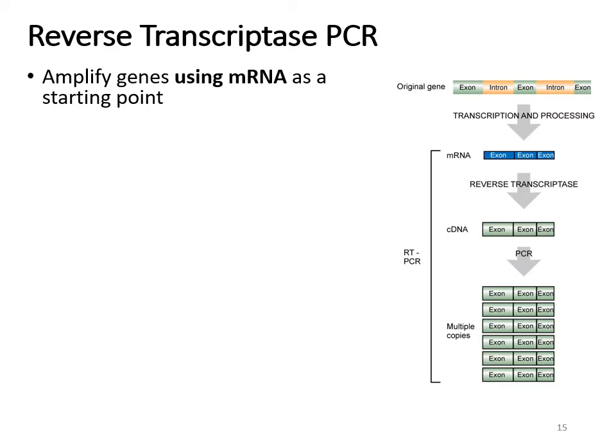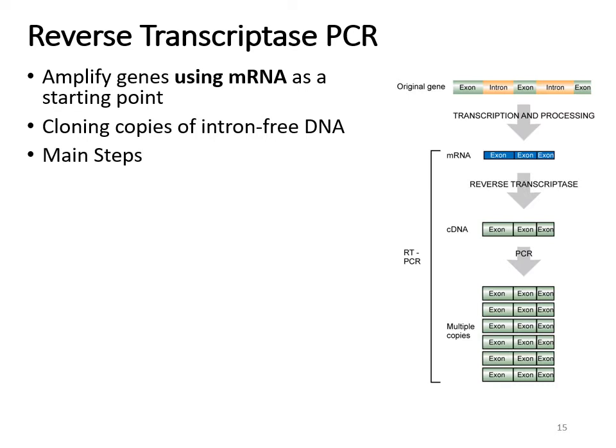Well, this is used in gene expression research, because mRNA is gene product, so it shows how active particular genes are. So you're now going to have to clone copies of intron-free DNA in this process and amplify that. The main steps of a reverse transcriptase PCR: first you have to isolate that RNA, the mRNA.